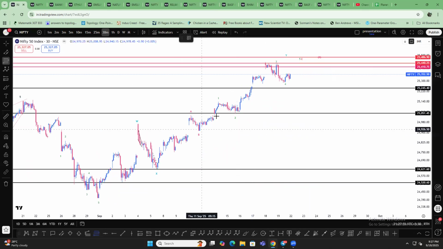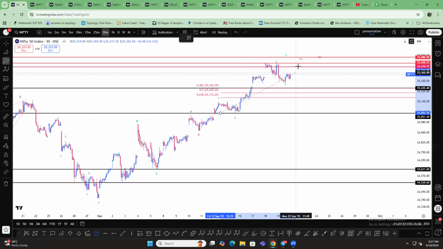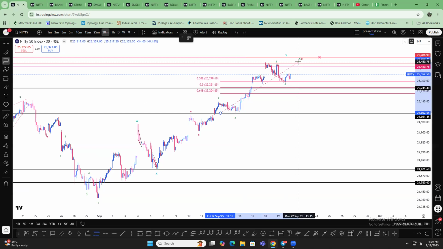See, price has taken exact support here, right, at 38.2%, which is a common retracement level of wave 4.